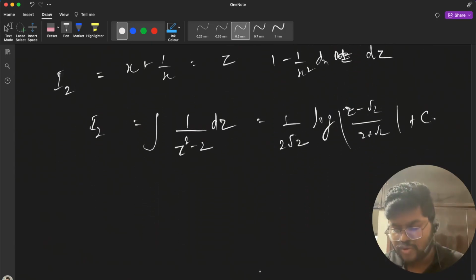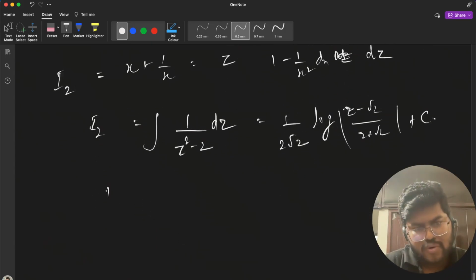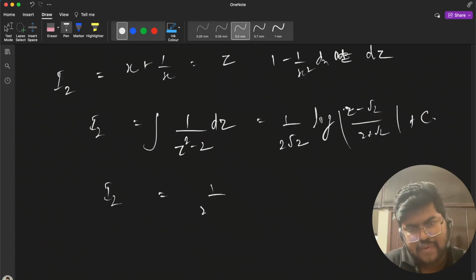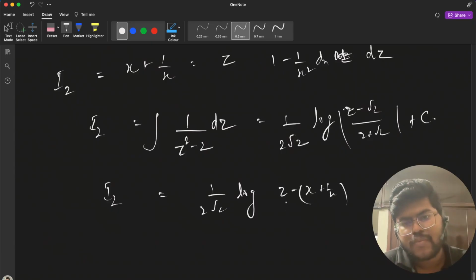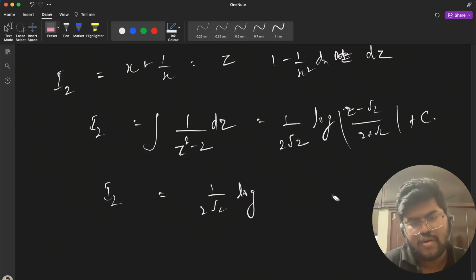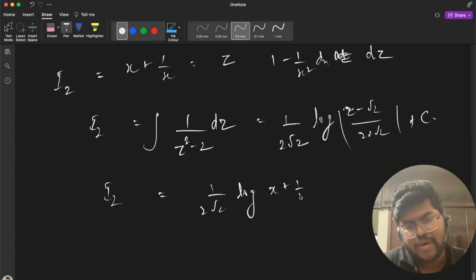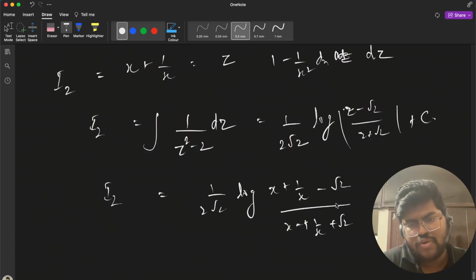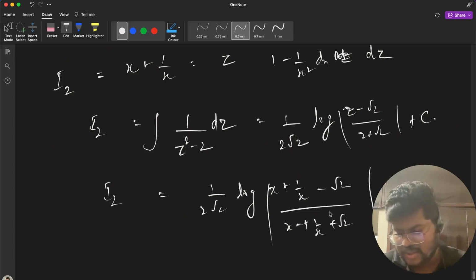And if I put the value of z, it is 1 upon 2 root 2 log of x plus 1 upon x minus root 2 divided by x plus 1 upon x plus root 2 plus c.